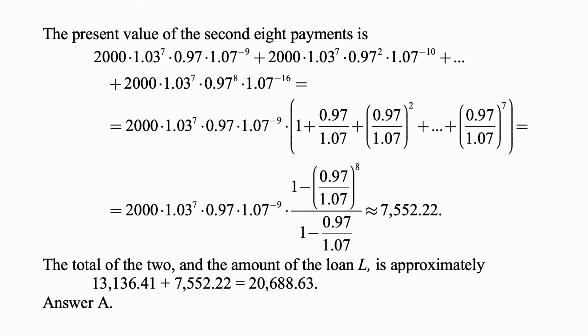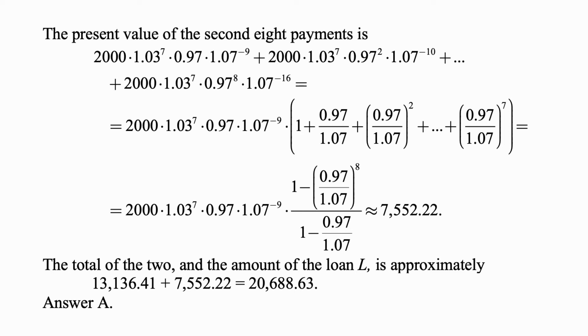We factor out 2,000 times 1.03 to the 7th times 0.97 times 1.07 to the -9, and then this is all multiplied by a partial sum of a geometric series, where the ratio is 0.97 over 1.07.